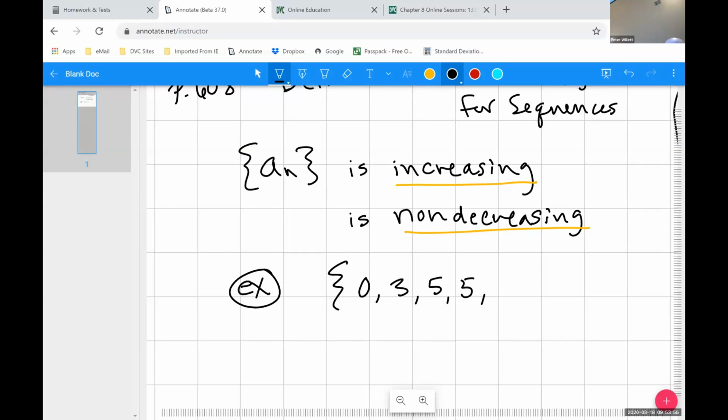It just stayed the same, and maybe it lingers there for a while, but then it starts to increase again, etc. I'm just throwing down some numbers so you can imagine. I don't want to say this sequence is increasing because there was a period where we had 5s where it did not increase, but I can at least point out that at no point did it go down in value, so we call that non-decreasing.